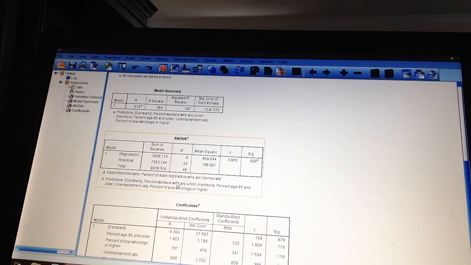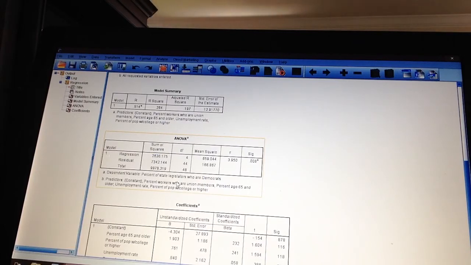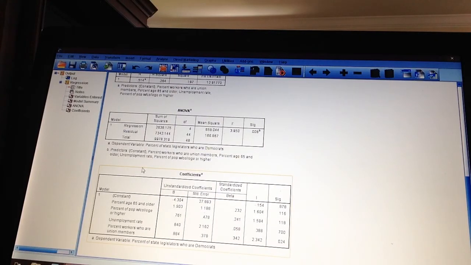And remember, R squareds are kind of tricky because we might initially say 26%. That's not a lot. That doesn't really get to much. But remember, with just 4 factors, if we can explain 26% of a really complicated outcome, because there's a million different reasons why state legislators or why a state might elect Democrats, right?